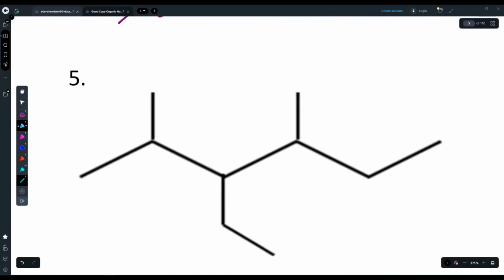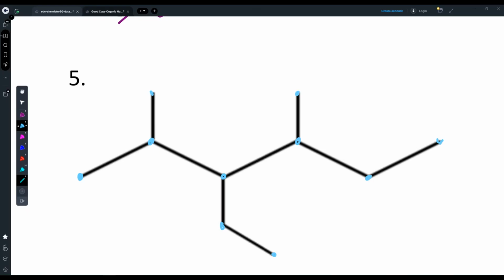Okay, for the last one, we have our line diagram here. So it's helpful to know where your carbons are. So there's carbon here, here, here, here, here, here, here, here, and at the ends of these sticks. So anytime you have the end of a stick or 2 sticks meet, you have a carbon there.